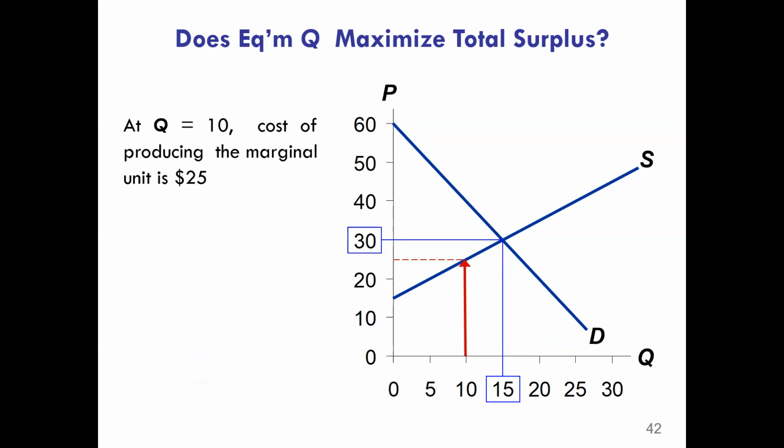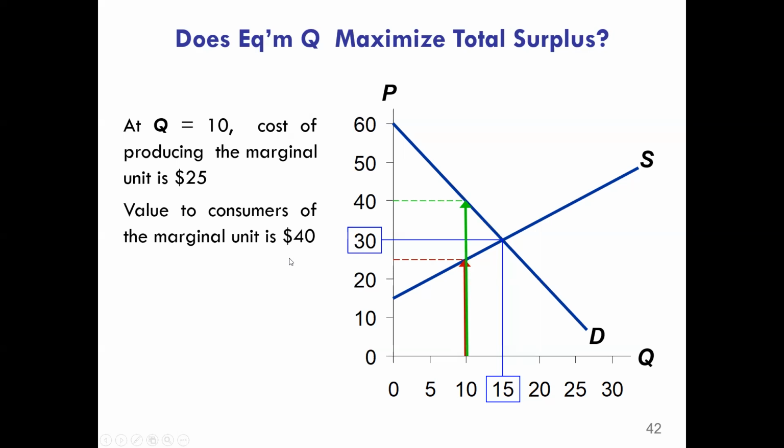Now, let's also look at a situation where quantity is equal to 10. And we can see from the demand and supply curve, by drawing a line from the quantity of 10 to hit the supply curve, that the cost of producing the marginal unit is $25.